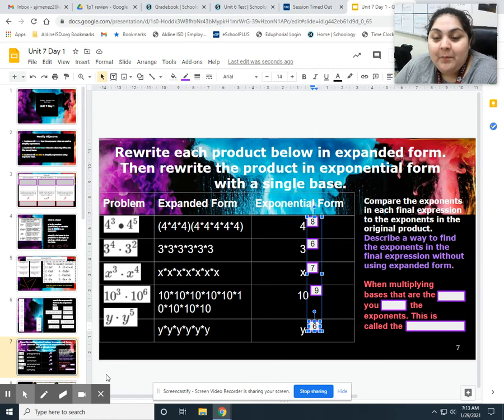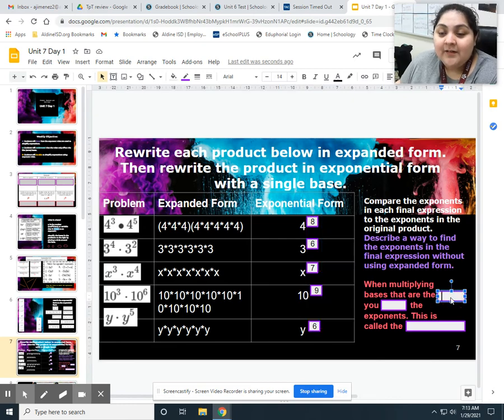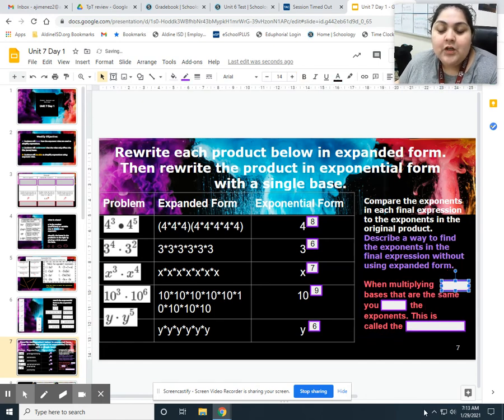Okay. So when multiplying bases that are the same, because all of these have the same base, you blank the exponents. This is called the blank. So let's see what it says. It says that you add the exponents.